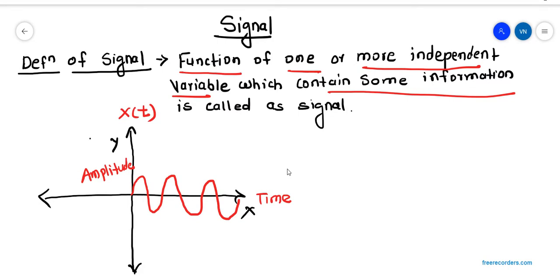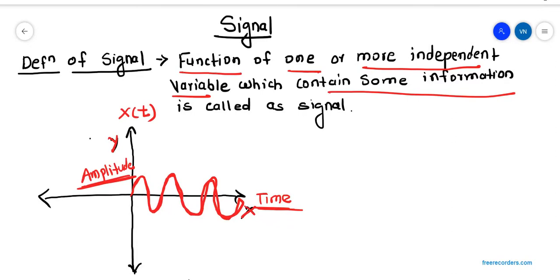Whenever we define signals, we require at least axes, that is the x-axis and y-axis, and whenever we draw some signal or waveform on that x and y, here I have taken one variable, that is time, and here I have taken a variable, amplitude.